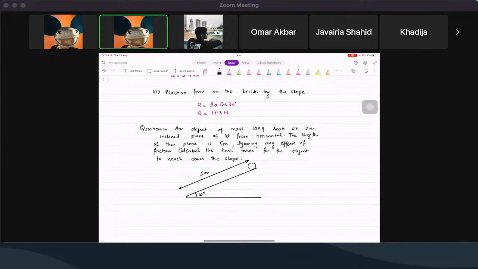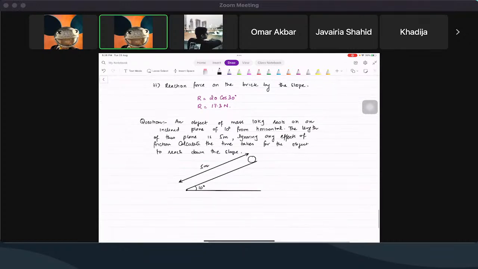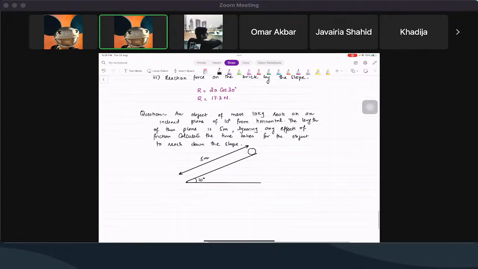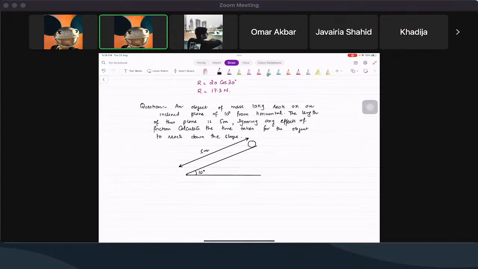And they want you to find basically the time it takes to roll down. Now, what are you going to do first? Who's going to tell me what we should do first? Yes, draw the forces acting on the ball. The weight. Which is the first force we should draw?